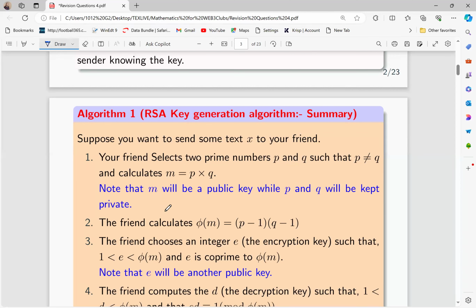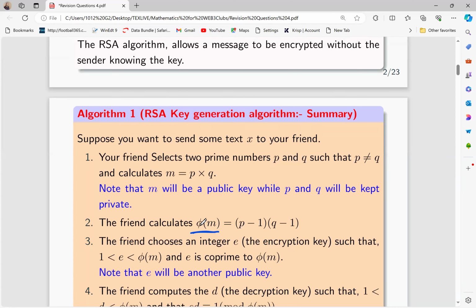It does not stop there. He gets the phi of M, the Euler phi of M. Since these two are prime numbers and there are only two, the Euler phi of M is given by P minus 1 multiplied by Q minus 1.